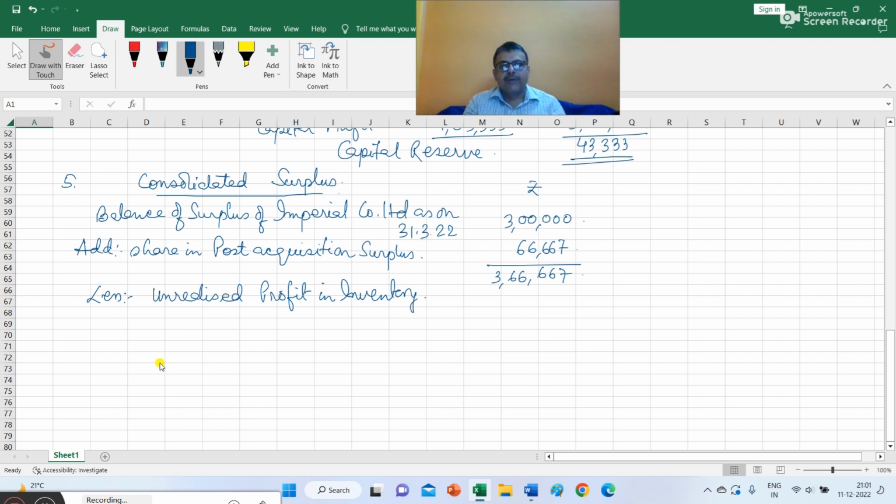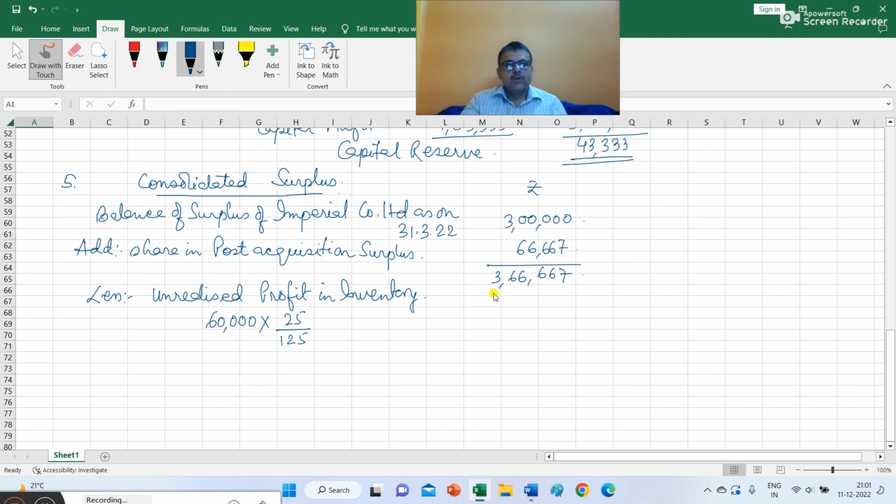So the balance of inventory of 60,000 was held by Colonial Company Limited, that was purchased from Imperial Company Limited, and Imperial Company Limited made a profit of 25% on cost. So we have to multiply the 60,000, which is at sales figure. So 60,000, multiply it with 25 and divide it by 125.